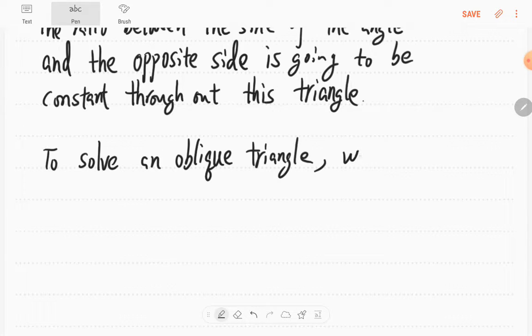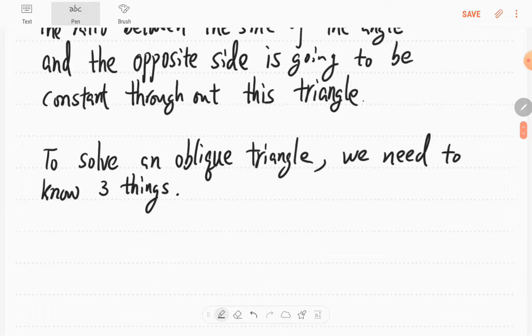We need to know three things out of the three angles and the three sides. If we know three things, then we can solve an oblique triangle.